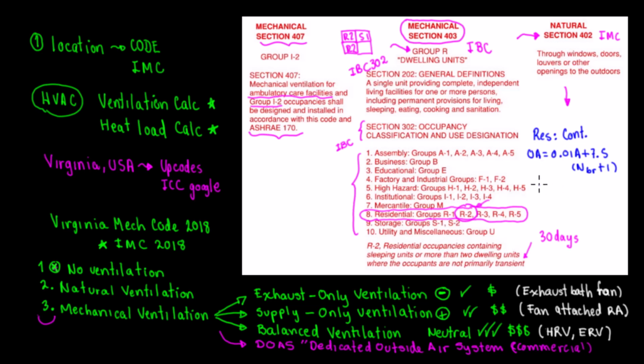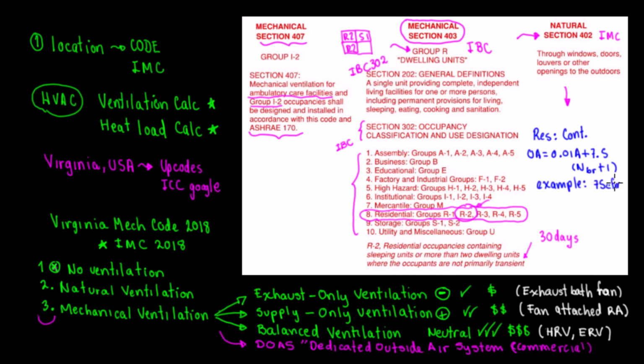So this is the minimum outside air requirement for continuous. As an example, in residential you use this formula because you're going to have the area and the number of bedrooms. It's kind of an easy, straightforward question. In this example, my outside air is equal to 75 CFM.